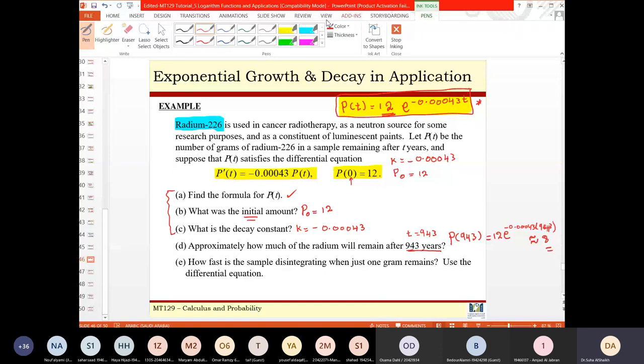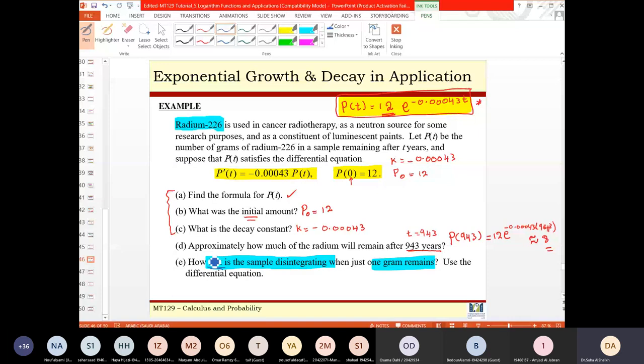In part E, the question is how fast the sample is disintegrating when just 1 gram remains. Now when I say how fast, what am I asking about? When I ask about the speed, how fast, it's the rate. The speed. It means the derivative.